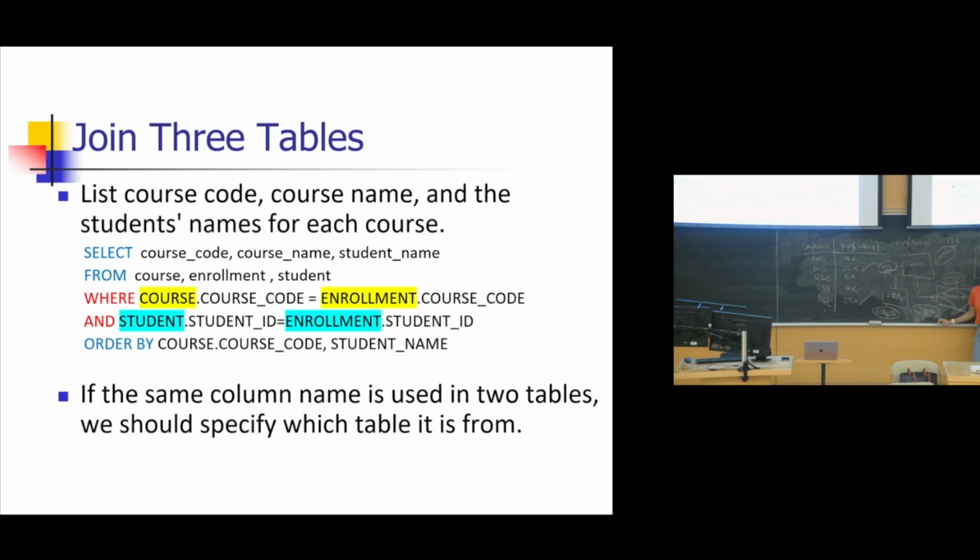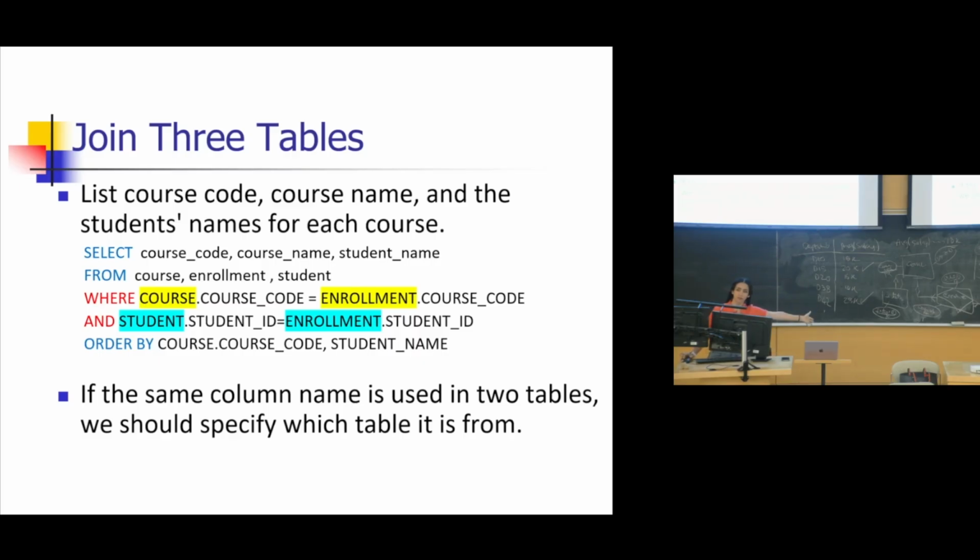So what this sentence says is that if I use the same name, that is, I use instructor ID here, then I have to specify which table it is from. So for instance, if I wanted to also include a student ID in my select part, it will give you an error if you write select a student ID, course code, etc. Because a student ID could be from the instructor table, could be from the student table, then from the course table.